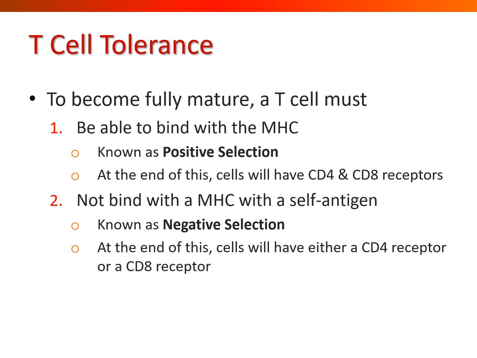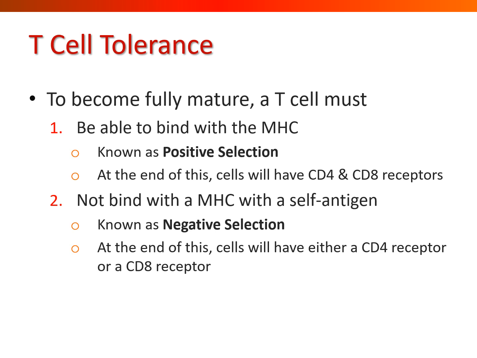So let's talk about how a T cell has to undergo its educational process in the thymus. So we can say that a fully mature T cell must be able to do two things. First of all, it has to be able to acknowledge and bind to the appropriate major histocompatibility complex receptor, and that is known as positive selection.